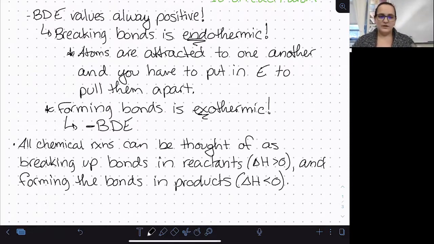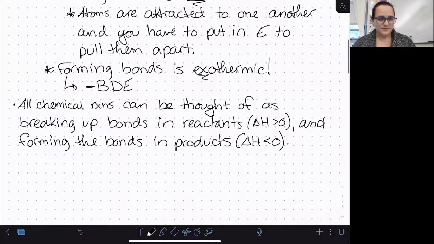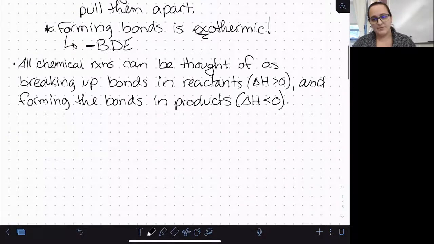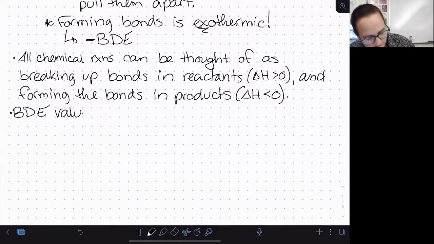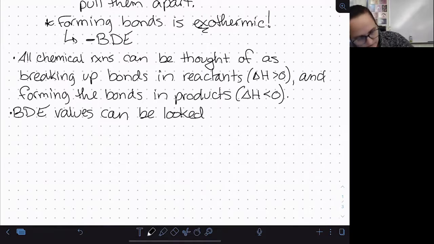So we can look up bond dissociation energy values for just about any type of bond we want. It's pretty well established. So BDE values can be looked up by the type of bond.